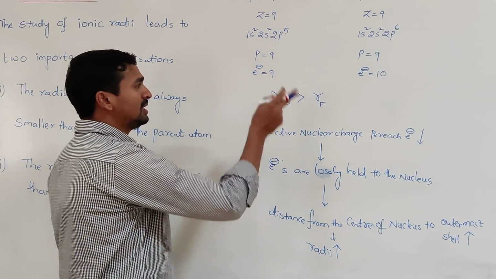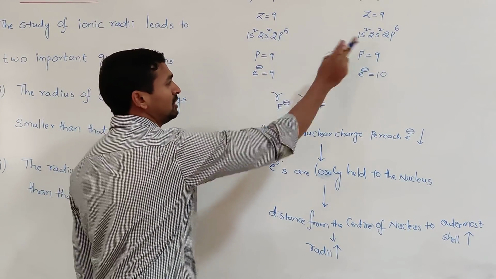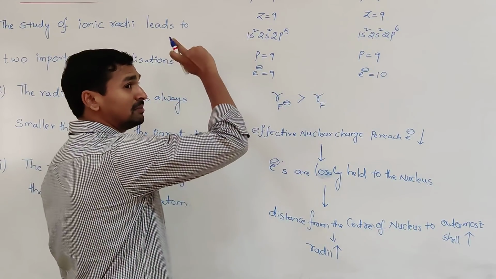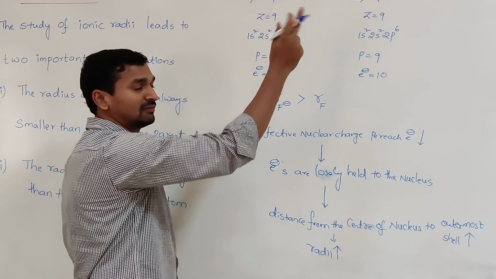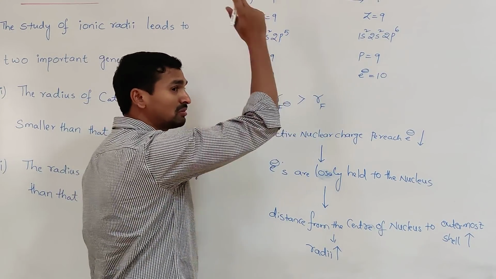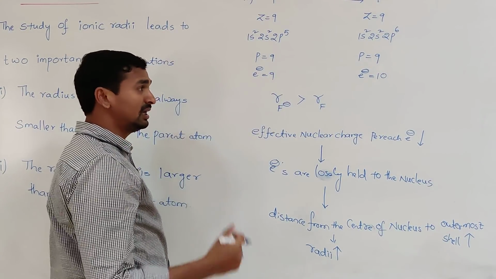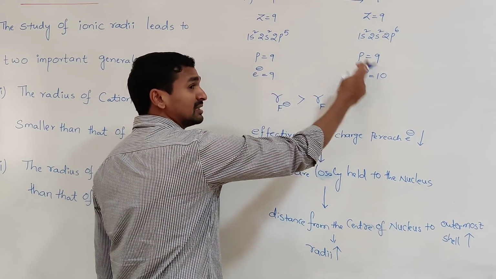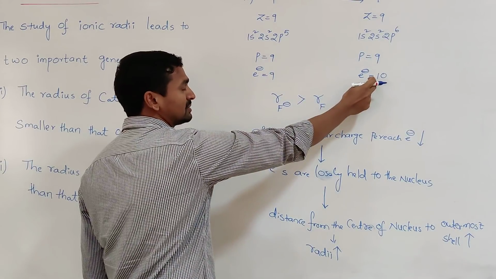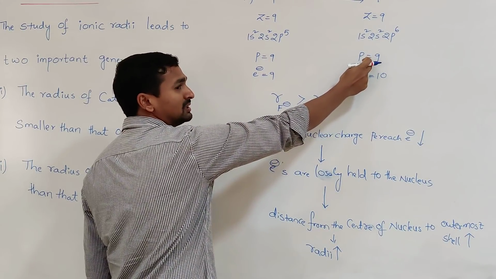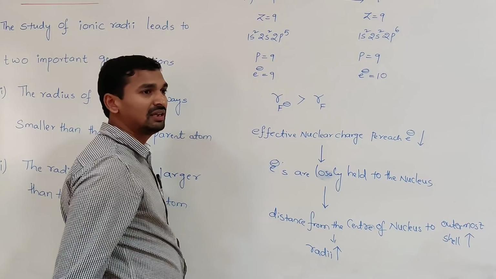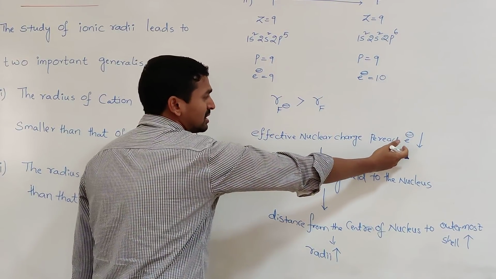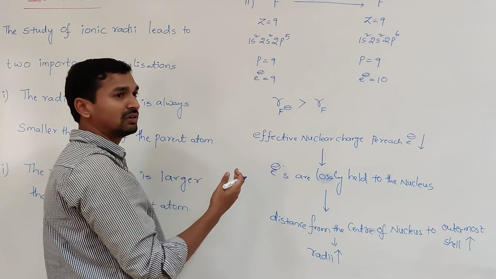See, simple. In the previous case, the positive charge remained the same, and here also the positive charge remains the same. But there the number of electrons decreases by loss of electron, so the effective nuclear charge for each electron increases. Here the number of electrons increases, so when we distribute the positive charge, the share for each electron obviously decreases. When it decreases, they are never strongly attracted toward the nucleus.